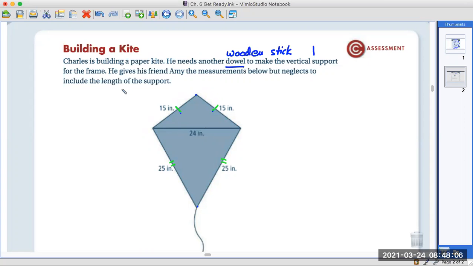But he neglects to include the length of the support. So your job is to figure out this length from here to here. This is perpendicular because the diagonals in a kite are perpendicular.